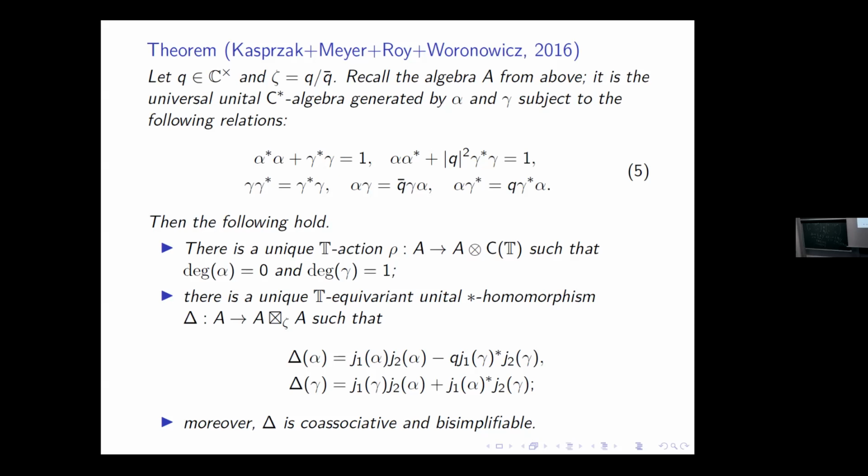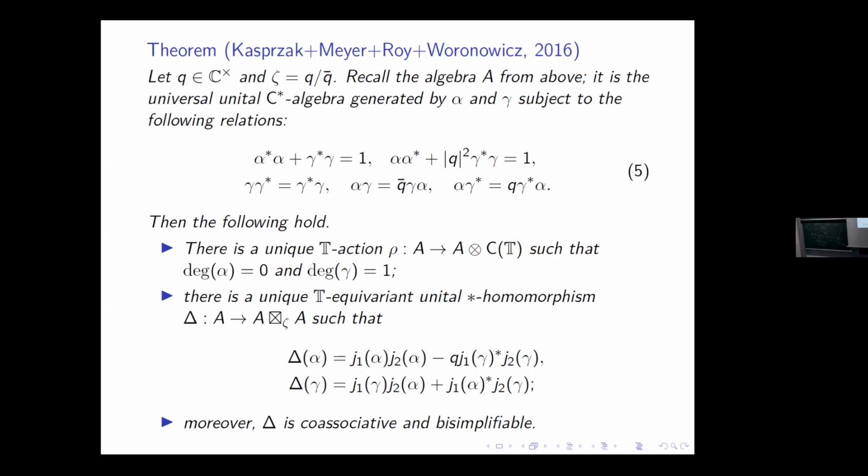If I apply J1 and J2 and then formally multiply the matrix, you would get delta on alpha and gamma. This is the thing I wanted. Moreover, the unital star homomorphism delta is co-associative and bisimplifiable in the previous sense.